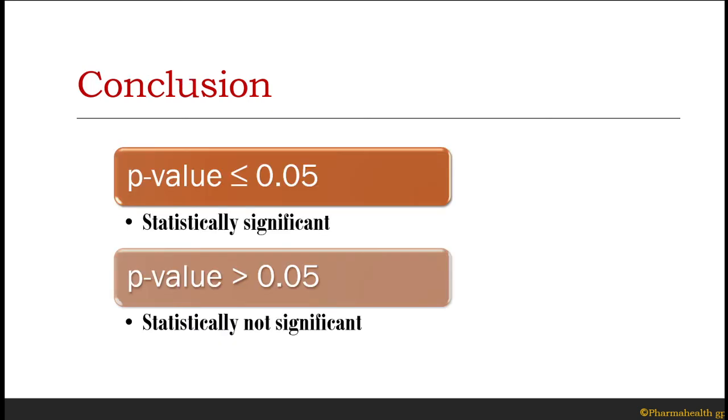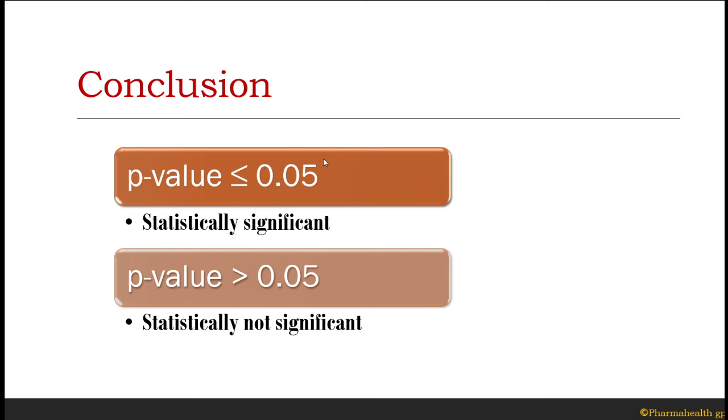Now I want to conclude that a p-value less than or equal to 0.05 means statistically significant, and a p-value more than 0.05 means not significant. We already know that this 0.05 comes from the 5% for the alpha value.